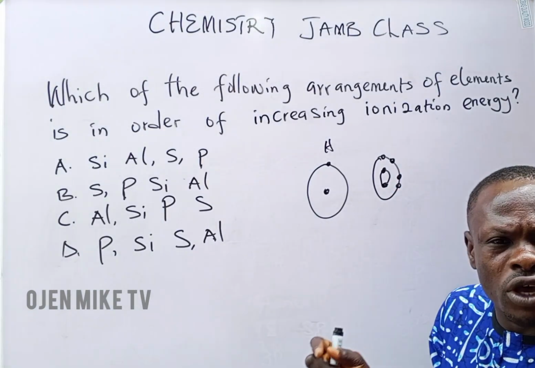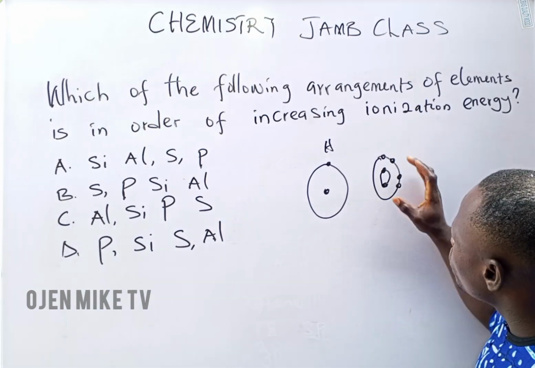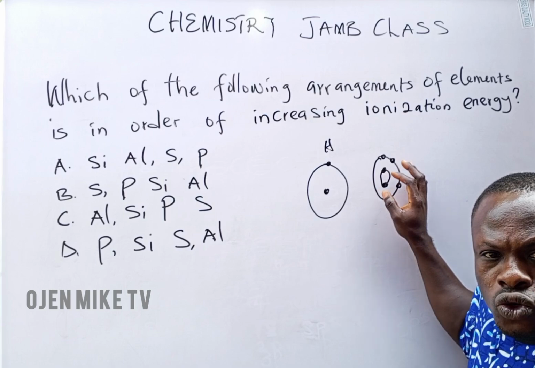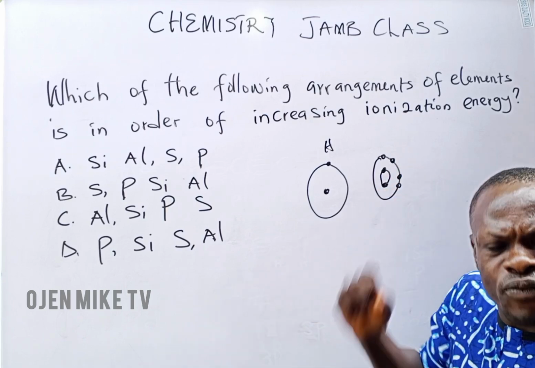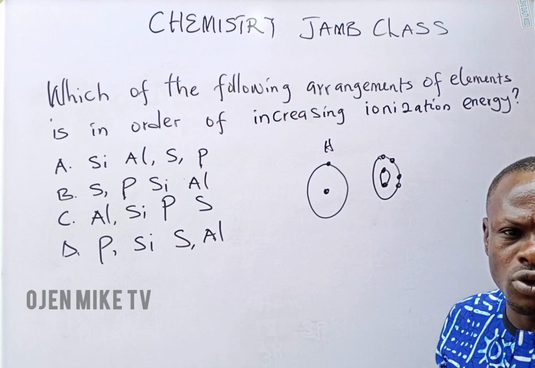Like I explained in our previous video on atomic radius, the more electrons are added, the more the shell comes closer to the nucleus, and the more difficult it becomes to remove an electron. Do you understand?